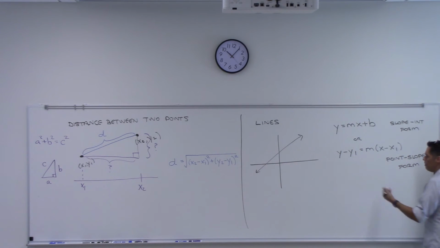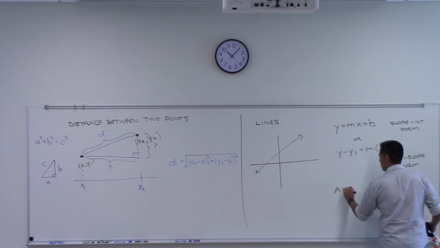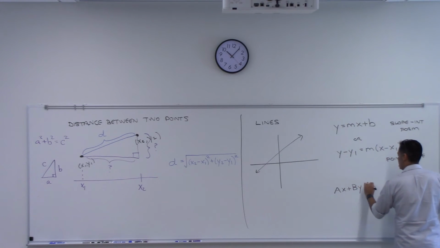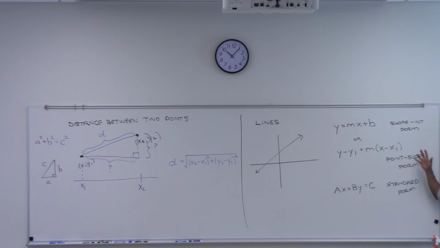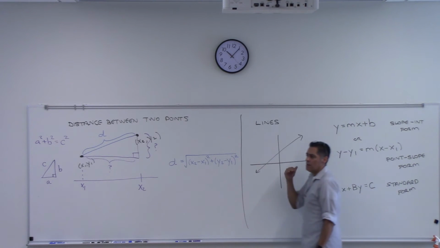And then there's another form, looks like this, ax plus by equals c, and this is called standard form. There's all these different forms. And we don't need to be getting ourselves all messed up in our heads about which form's which. We just need to really know that when it comes to a line, you're going to have an equation.